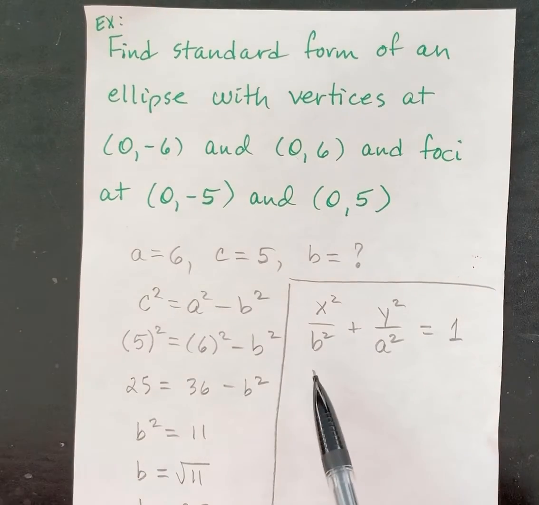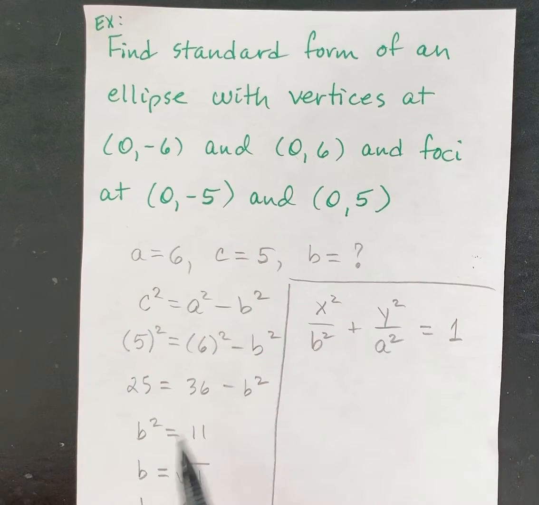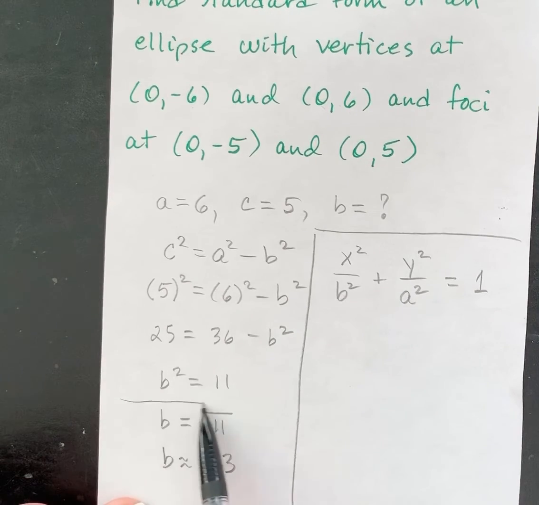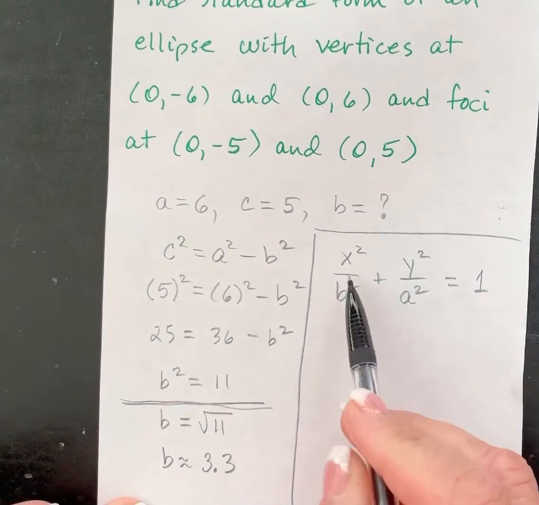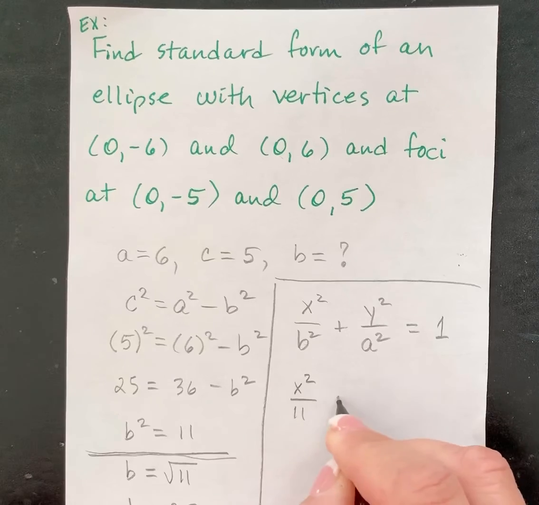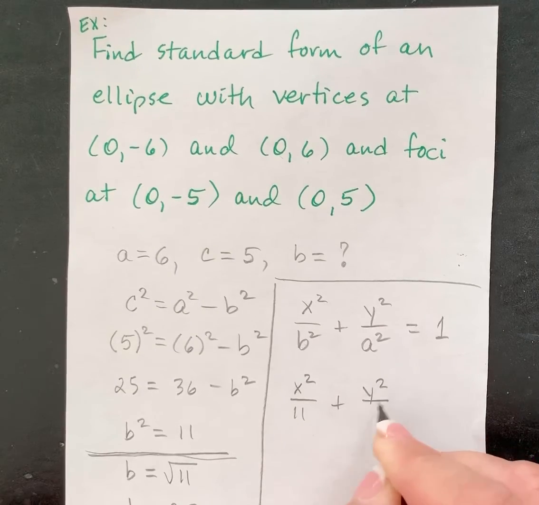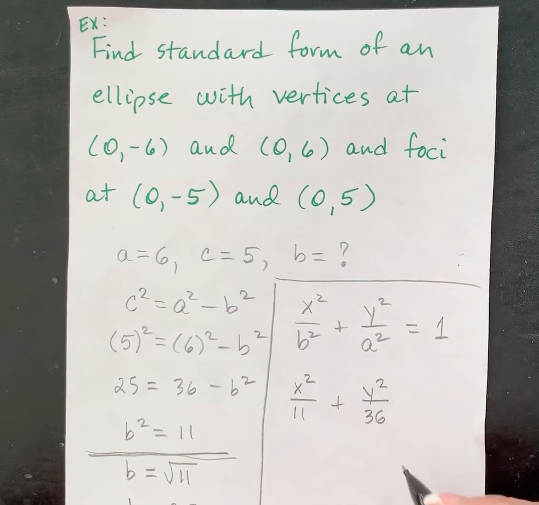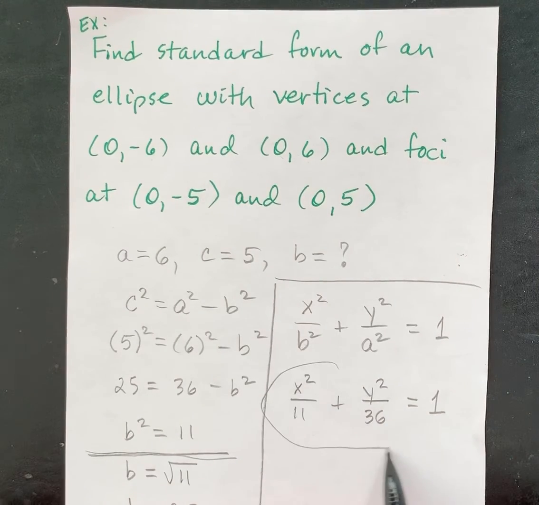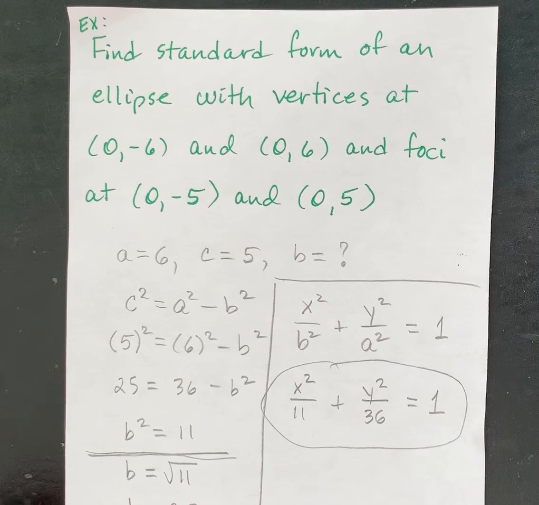Now to put in here, I really only need b squared. So this was kind of extra work down here that I didn't need for just finding the equation, because b squared is what goes there. So it's going to be x squared over 11 plus y squared over 36, because that's your a squared, equals 1. That would be the standard form.